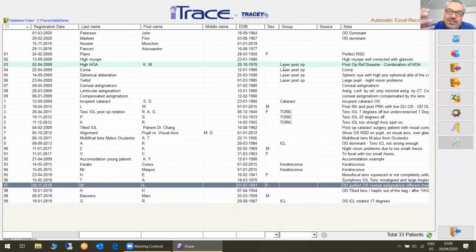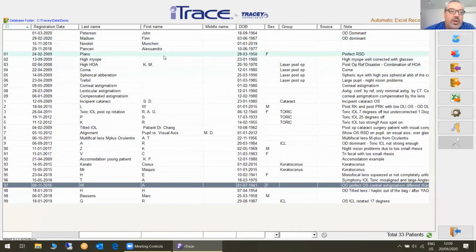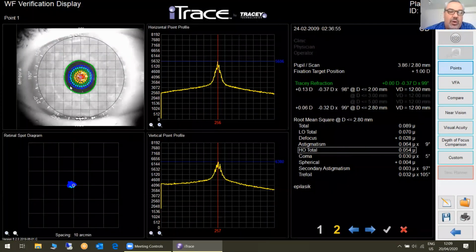And so if there is something that is wrong inside the eye, it means the light that comes out will come out at a different spot. With our ray tracing, we are shooting those dots all over the pupil, and we do it one per one. That's why we can measure difficult patients.